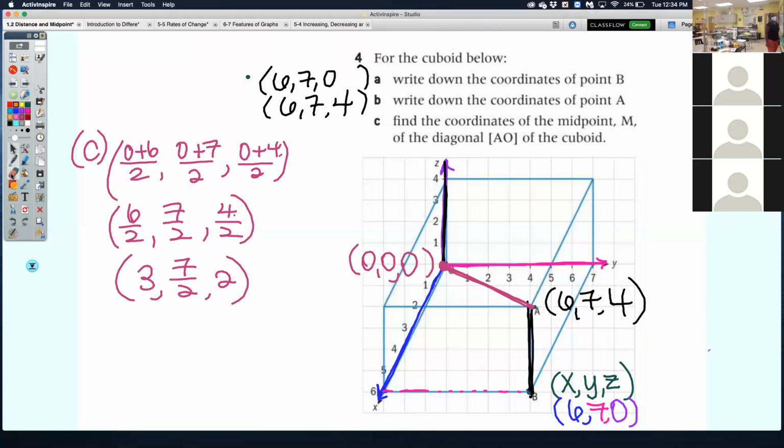So in my picture, I'm going to erase all this other stuff. Even though it doesn't ask me to do this, I am going to do this to emphasize the point. I'll be 3 units on my X, 3.5 units on my Y, and then 2 units up on my Z. So this will be my point.